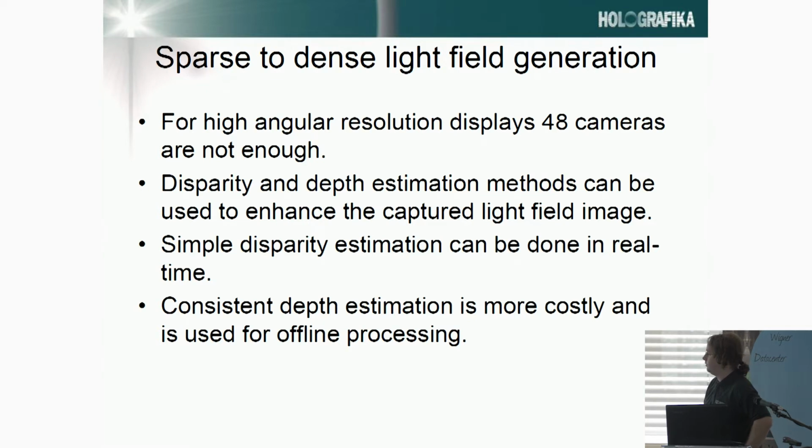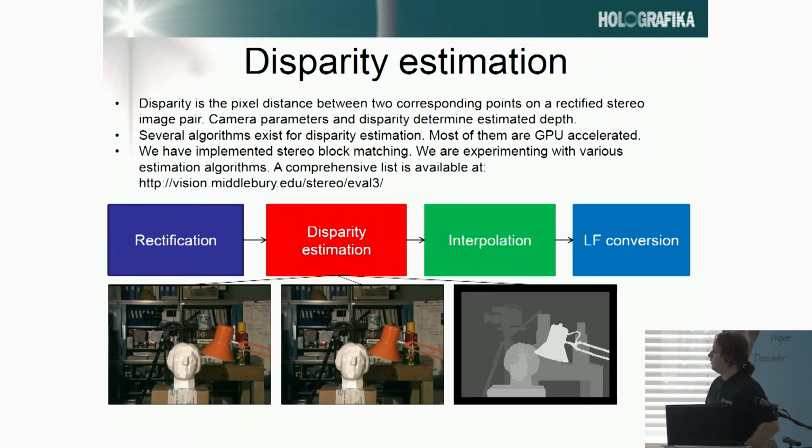So we would like to estimate some kind of disparity or depth from our camera images to interpolate more cameras into our camera system. How can we do this? We can do disparity estimation, which is a classic image processing method, which is very well suited again for GPUs.